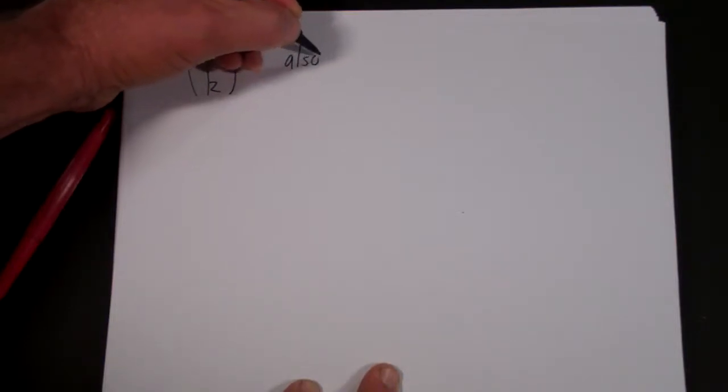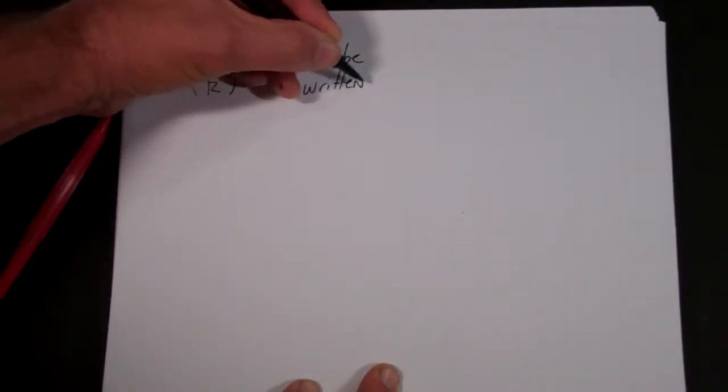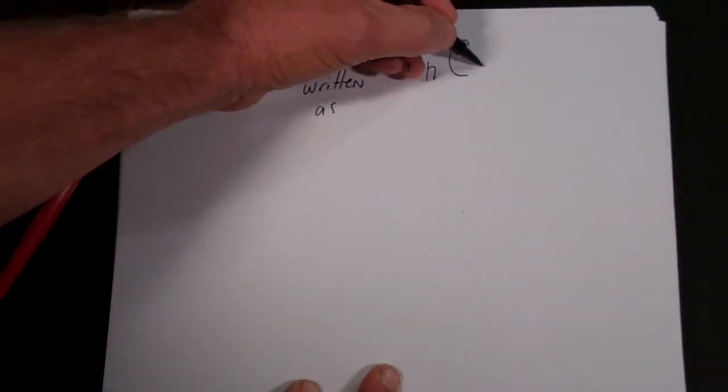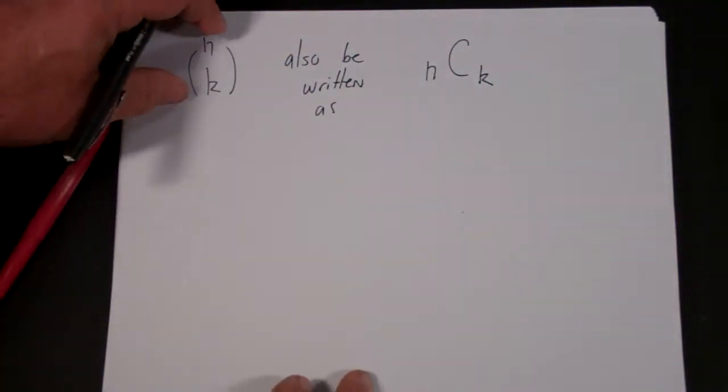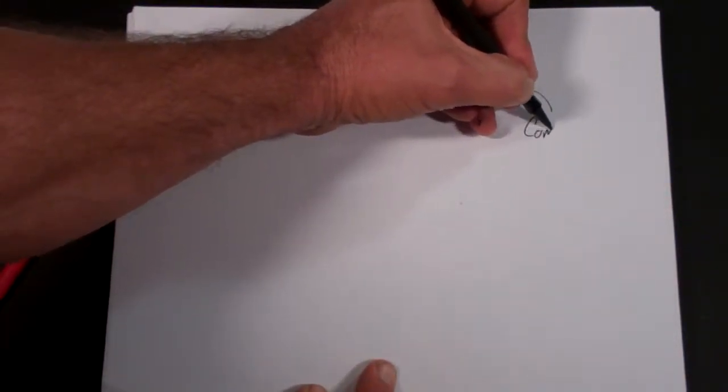Now, you might have seen this written a different way. N choose k is one way. It can also be written as NCK. And in probability, or in counting, you often call this a combination.